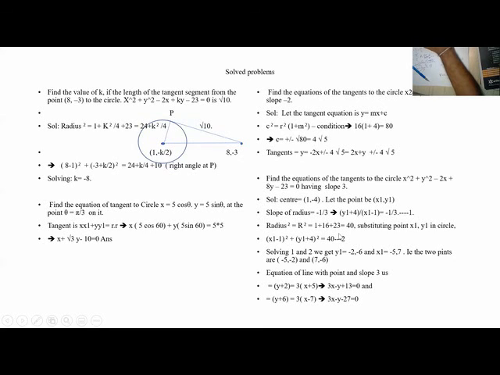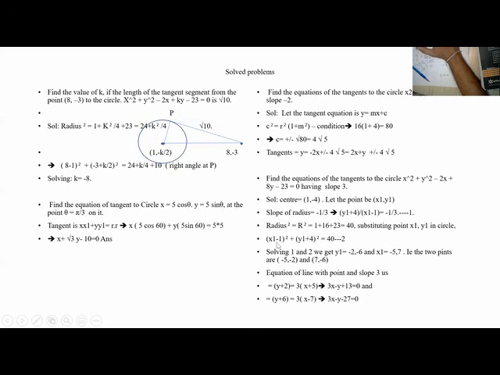So in this problem, what have we actually done? With slope 3, I am assuming the point on the circle is x1, y1. With the slope 3, the slope of the radius becomes minus 1 by 3. We have the center, so we found one equation, and we substituted x1, y1 in x1 square plus y1 square minus 2x1 plus 8y1 minus 23 is equal to 0.